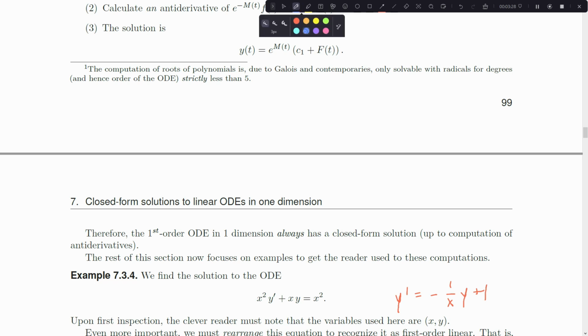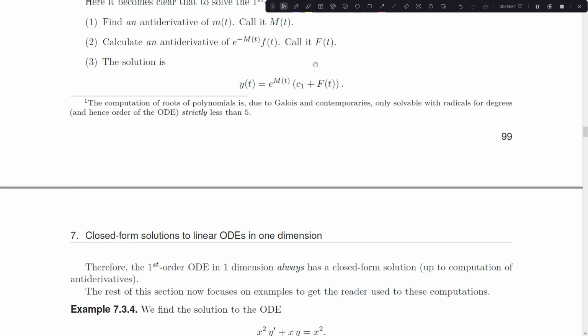And if I'm clever, I interpret this as m of x. And so I compute its antiderivative as the antiderivative of negative 1 over x is negative log x. And then if I follow my steps, let's jump back here. So capital M is negative log x.